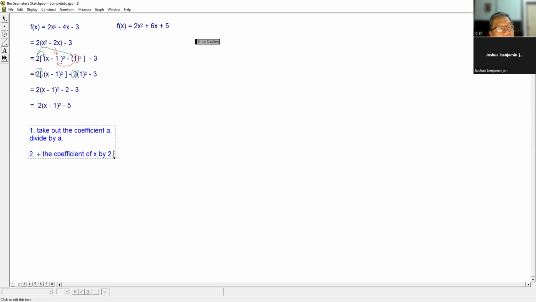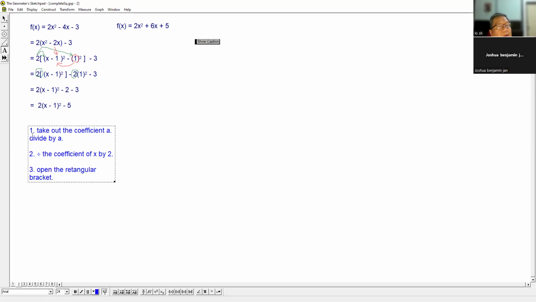So the third step is to open the square bracket, the rectangular bracket.